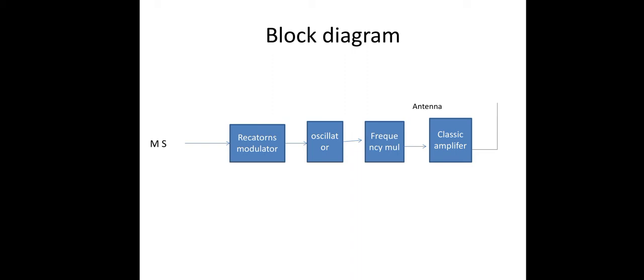Working of this diagram: direct frequency modulation of the carrier frequency is done by using an LC oscillator with the multiplier stage, but there are problems with this method.